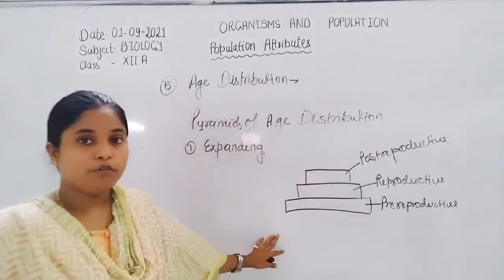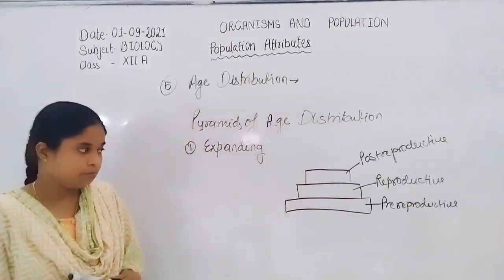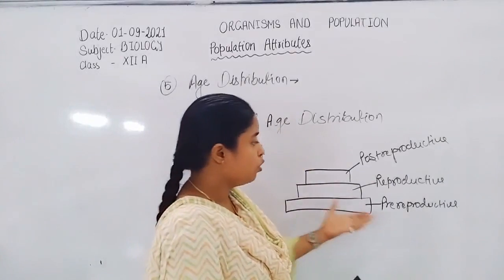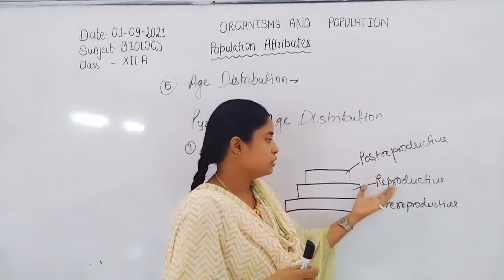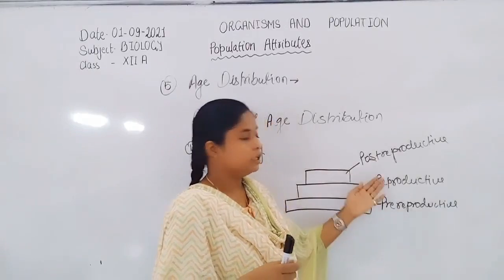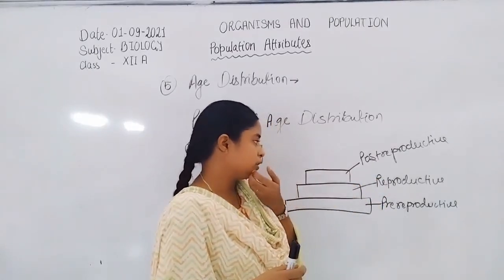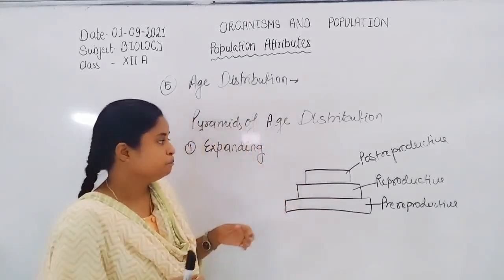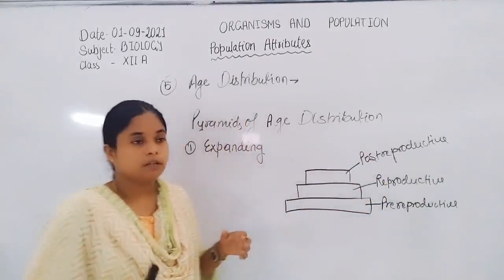Now that type of population is an expanding population, because it shows more pre-reproductive individuals than reproductive individuals, and more reproductive individuals than post-reproductive individuals.